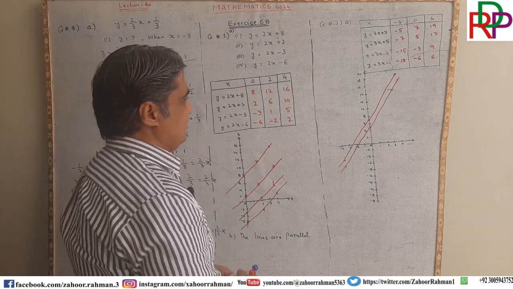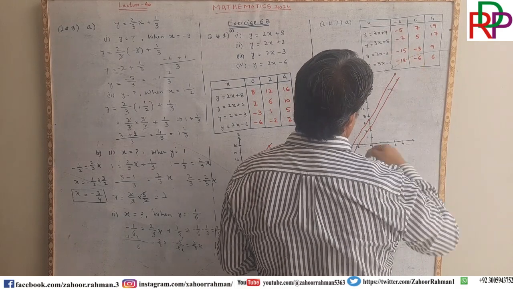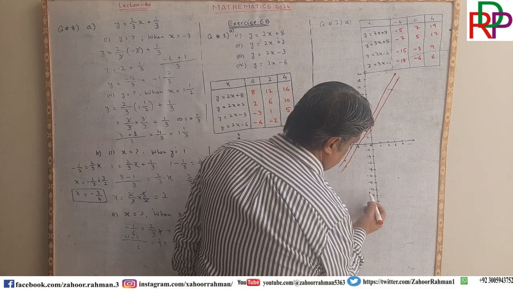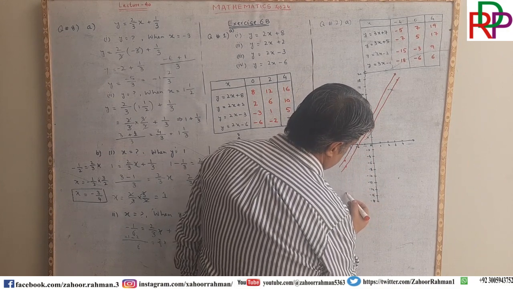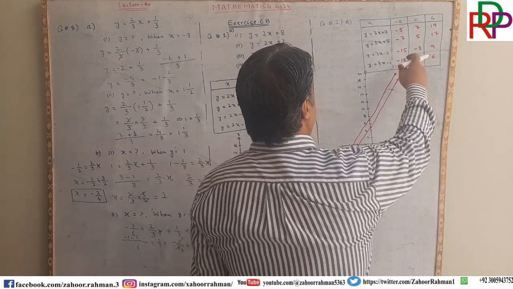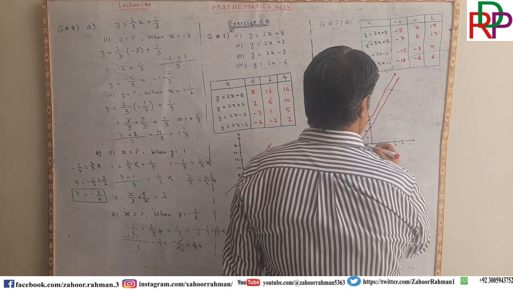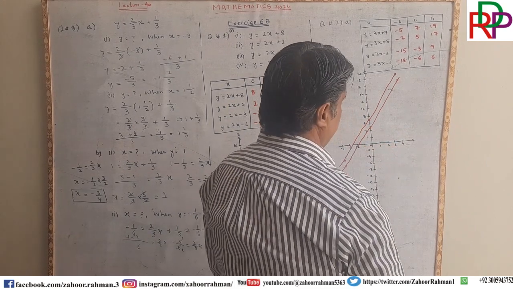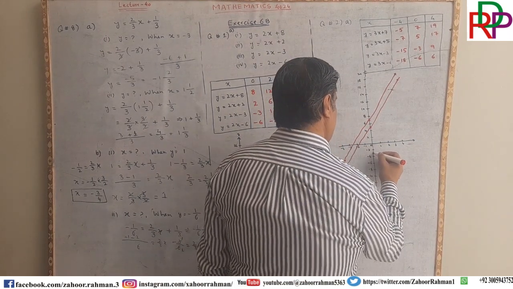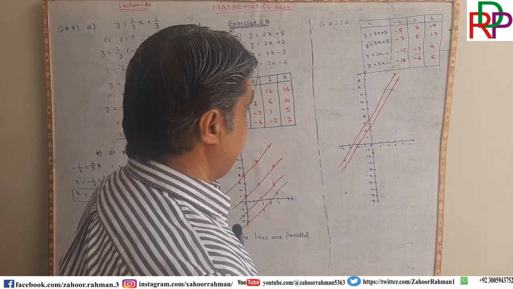Now let us turn our focus to the third part, and that is when x is equal to minus 4, y is minus 15. So minus 4 and minus 15 will be somewhere here, and then for x is equal to 0, y will be equal to minus 3, and that will be somewhere here.